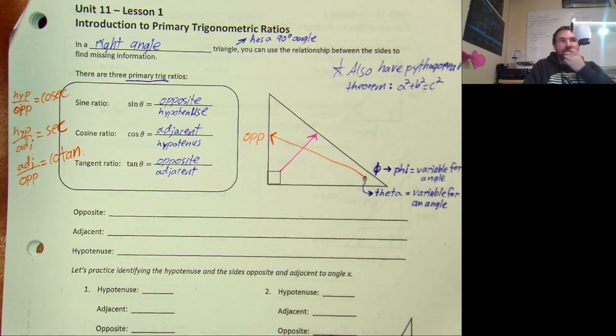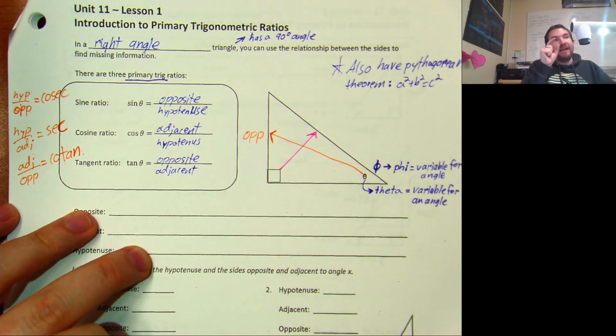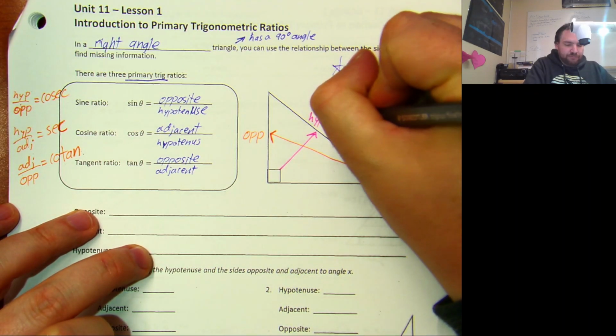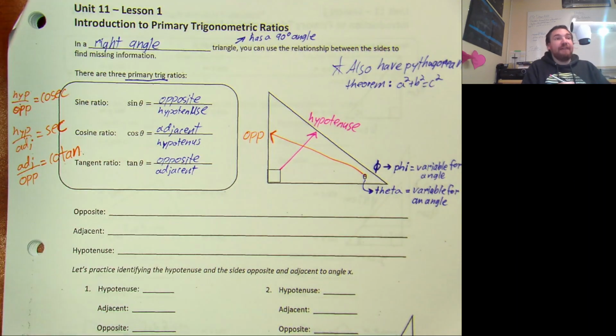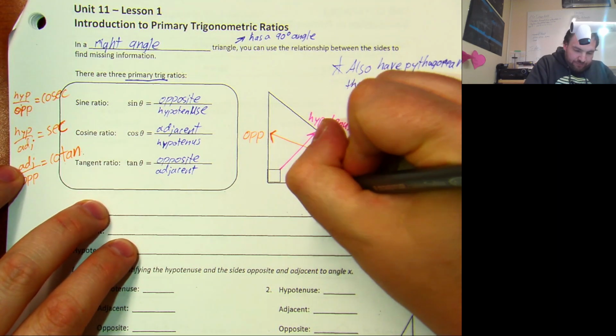You want to be real careful. The sloped one in this case is across from the 90, and that one has a name always. We call it the hypotenuse. And so it's never going to be labeled as adjacent, even though, yes, it technically is beside. We don't call it that because it has its own name. So the bottom one's adjacent.